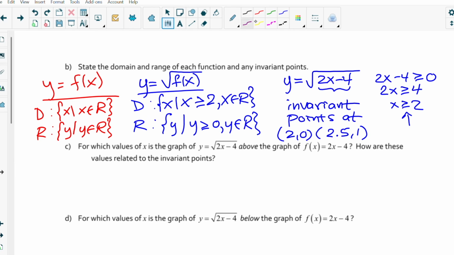Letter C, for which values of x is the graph of y equals square root of 2x minus 4 above the graph of y equals f of x equals 2x minus 4? How are these values related to the invariant points?